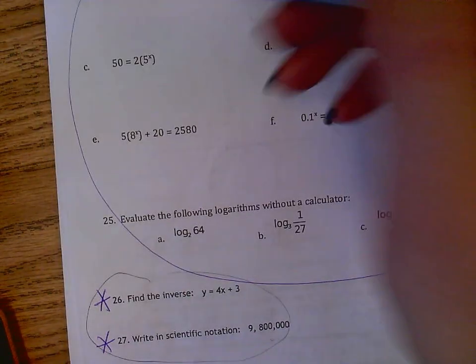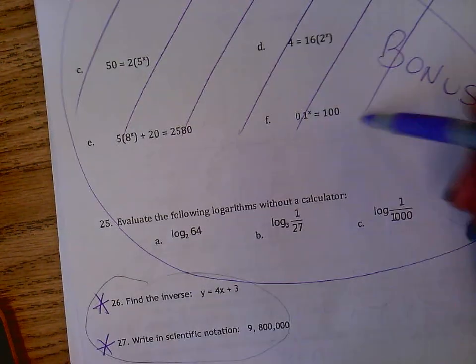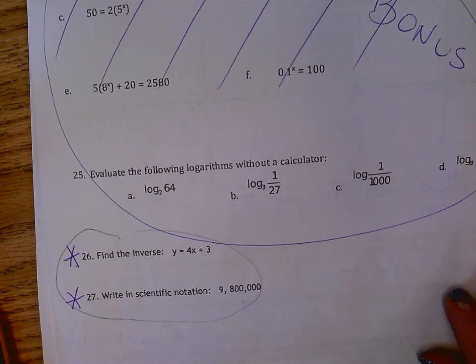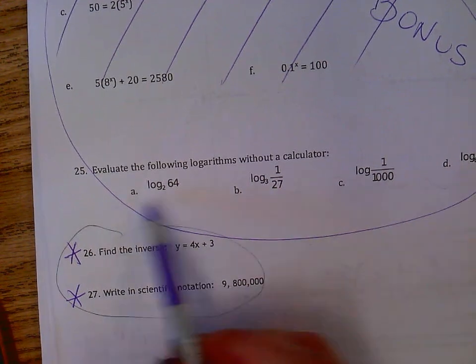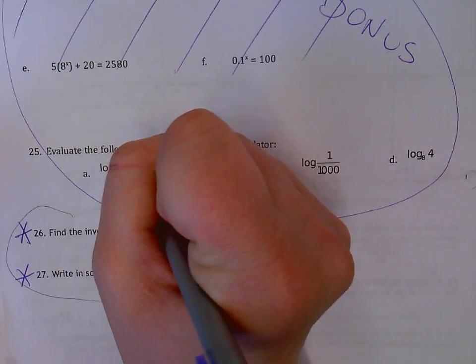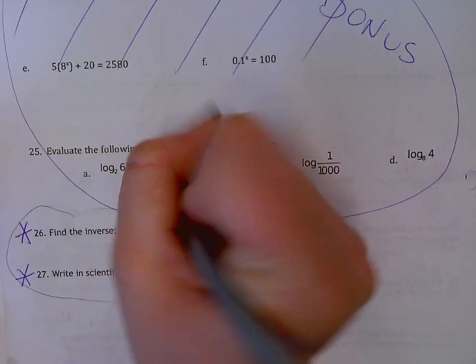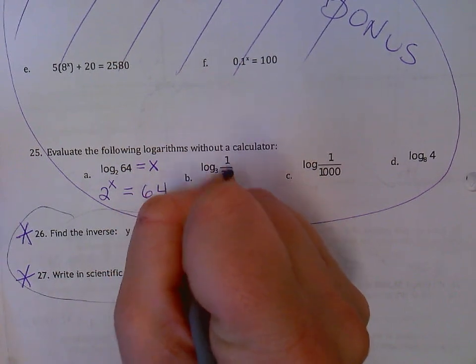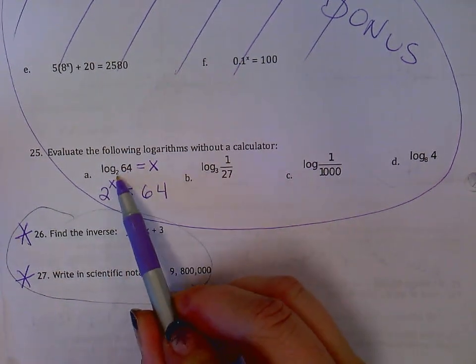So these types of questions I'm not going to go over because those were more related to logs. But these type of questions, there are a couple questions like this. So if you are looking to evaluate a log, you are looking for the power that will give you the inside amount. So my base is 2.